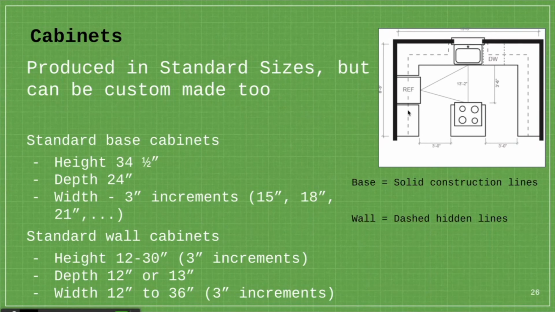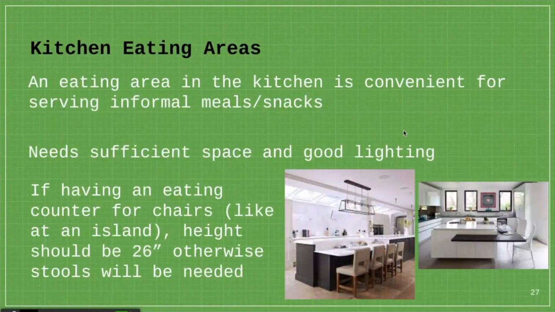Wall cabinets typically do not stick out as far as the base cabinets, so that's why they're indented a little bit. That allows space for you to work, have larger appliances, things like that. But this is a real good example floor plan that includes a stove, sink, refrigerator, has the work triangle on here all totaled up, having enough space around everything, and the cabinets all marked.